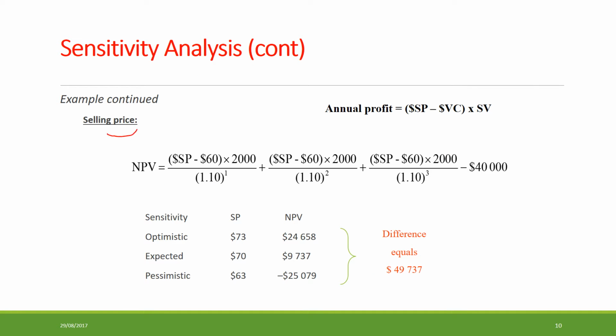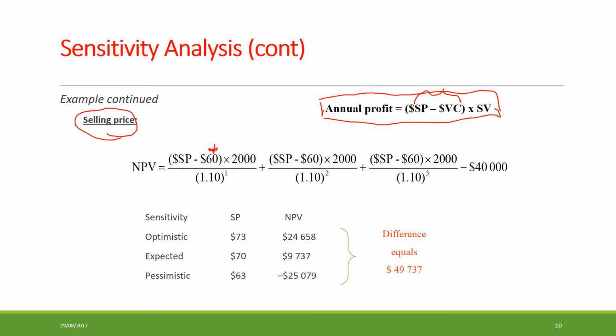So let's look at sale price first, right? We want to do sensitivity analysis for sale price. We start with the same model to estimate the free cash flows. So our free cash flow is given by our profits, sale price minus costs, times the quantity of products.